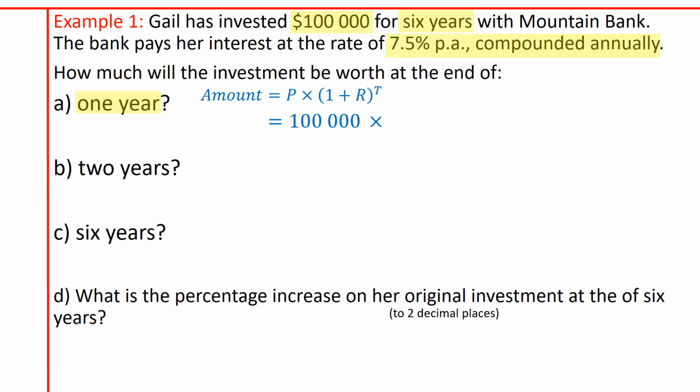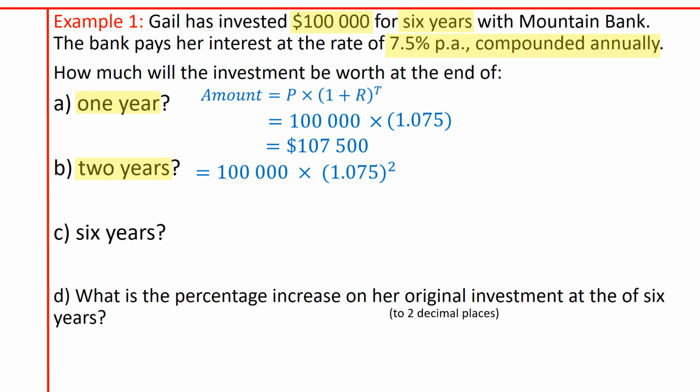And we're going to multiply that by 1 plus 0.075, and that's to the power of 1, or we don't need to write that there because to the power of 1 is just exactly the same as that number. Entering that into your calculator, you'll end up with $107,500 there.